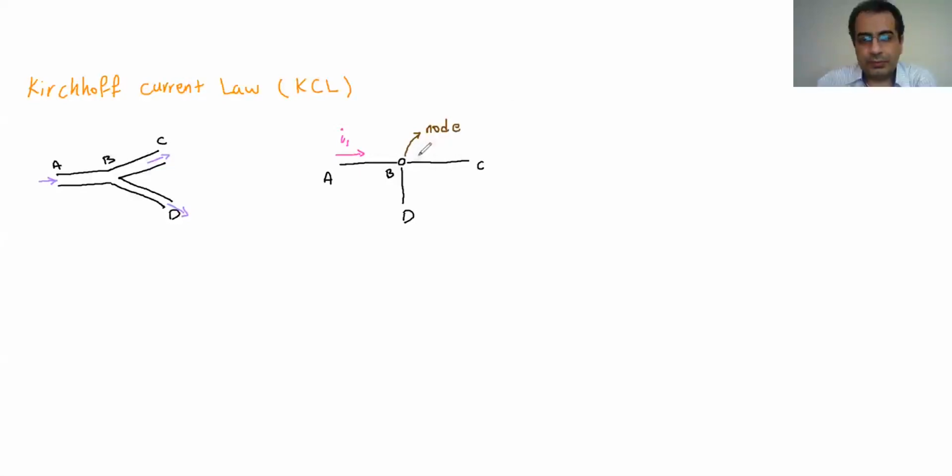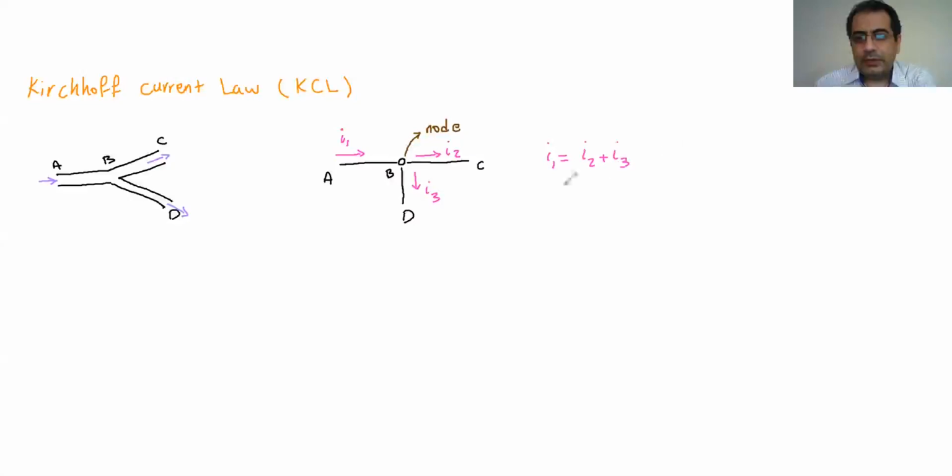So if I1 comes in, then I2 and I3 leave. What I expect is that I1, whatever enters, should be equal to whatever leaves, which is I2 plus I3.